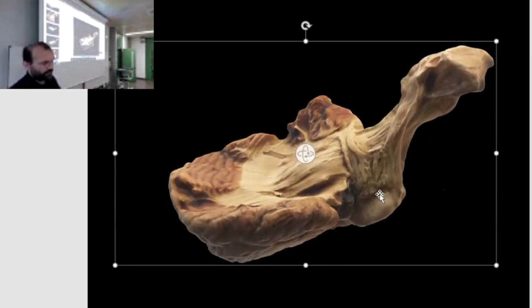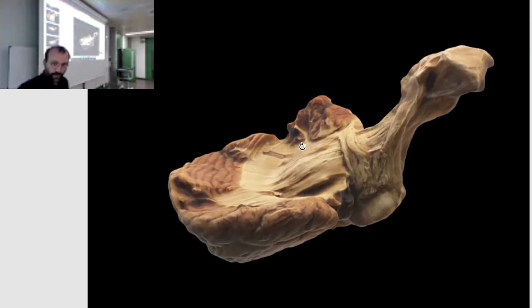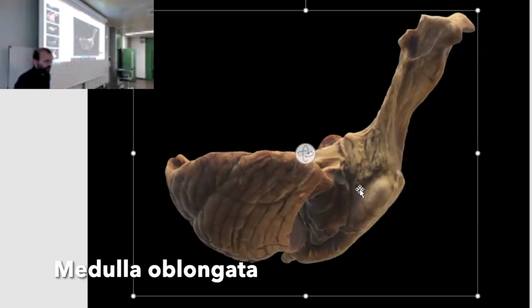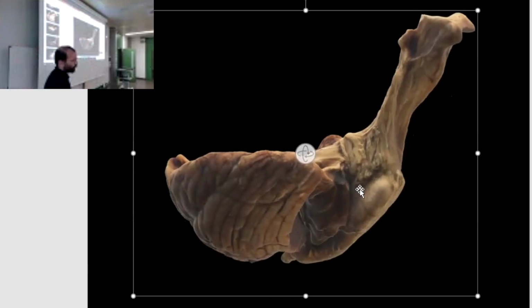So it started from the hilus, let's say, of the dentate, from medial, from the vermis, arches at the anterior border of the dentate nucleus, runs laterally and inferiorly, making this curve, to end then in the medulla oblongata, dorsal surface just lateral to the tubercula gracilis and cuneatus, the so-called lateral medullary fascicle.